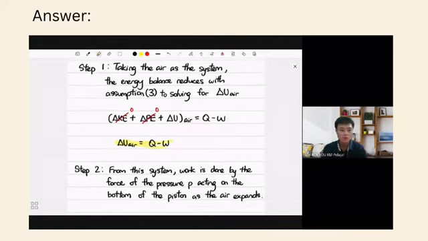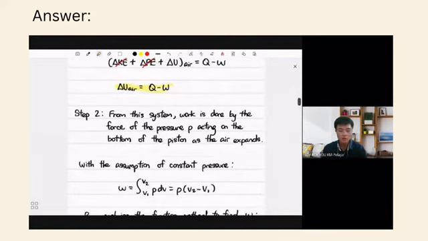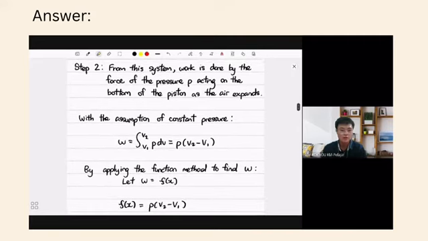For step 2, in this system, work is done by the force of pressure, P, acting on the bottom of the piston as the air expands. With the assumption of constant pressure, we can state that work is equal to the integral from V1 to V2 of P dV.